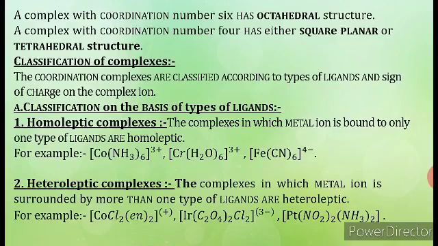So when the metal binds with more than one different type of ligands, then the complex is known as a heteroleptic complex. In the second example, you can see dichlorodioxalatoiridate(III) ion. Again, two types of ligands are there, chloride as well as oxalate. So it will again be a heteroleptic complex. Third, diamminedinitroplatinum(II).